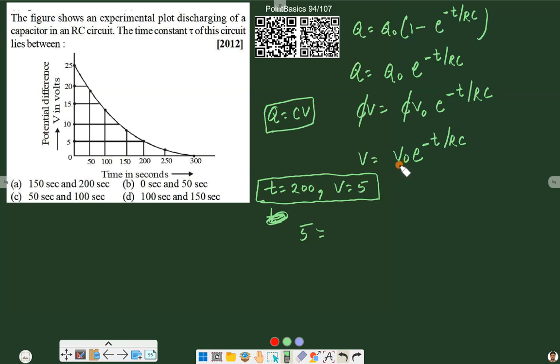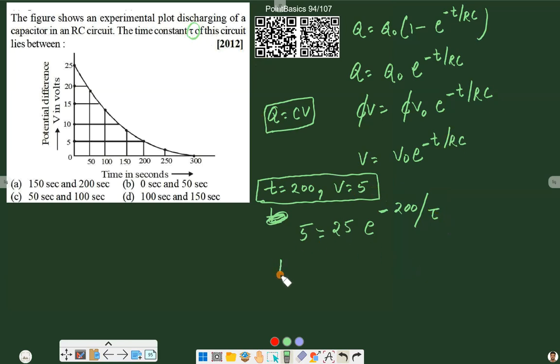Now V₀ is the maximum value of potential, and that is equal to 25. So 5 = 25 e^(−200/RC), because we have to find the time constant, and RC is also known as the time constant.